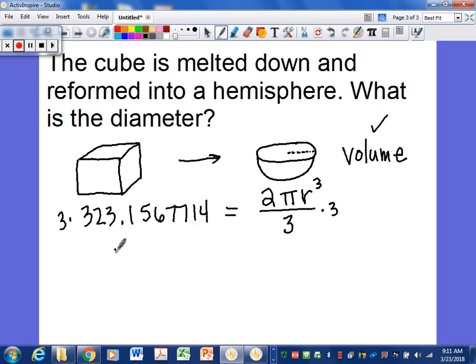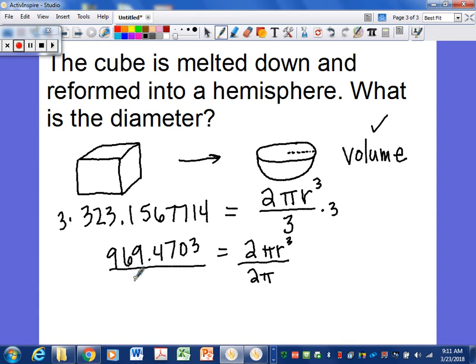That is 969.4703, equal to 2 pi r cubed. Okay, next we'll divide by 2 pi, and when you put this in your calculator, make sure that you parenthesize it, or you're going to get the wrong answer and your calculator will be confused. That gives me 154.29599.